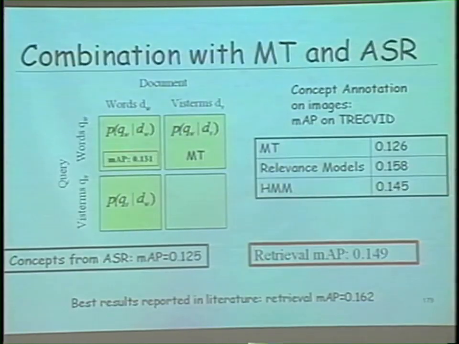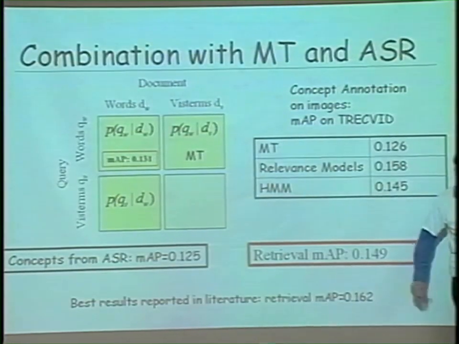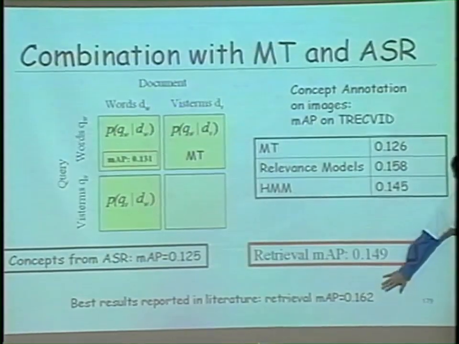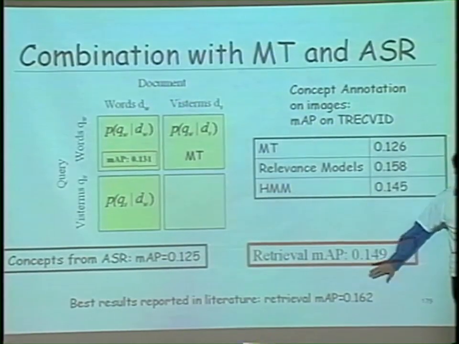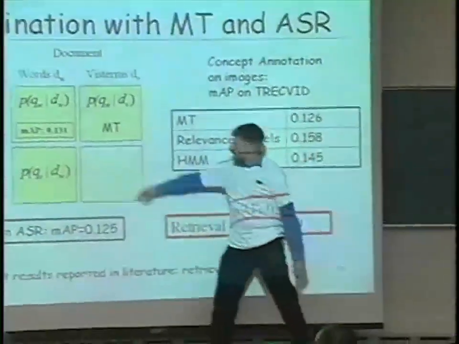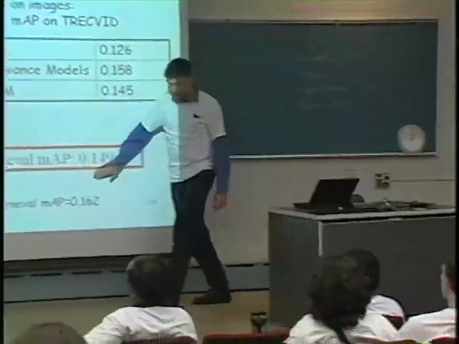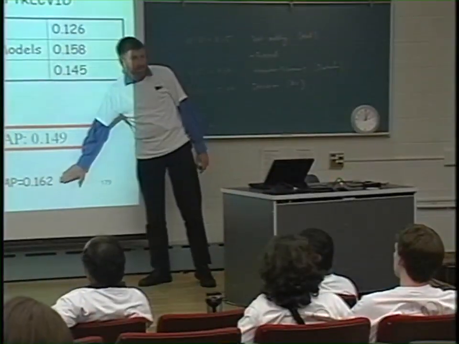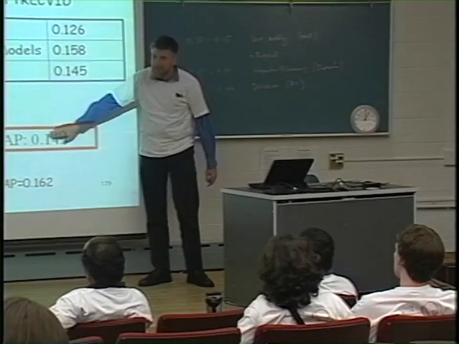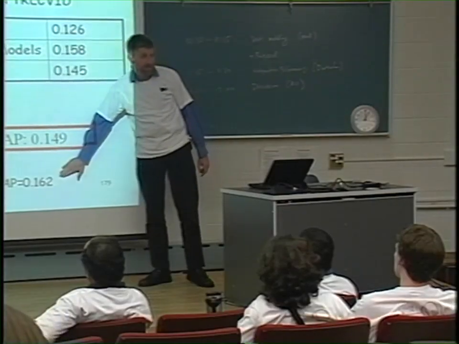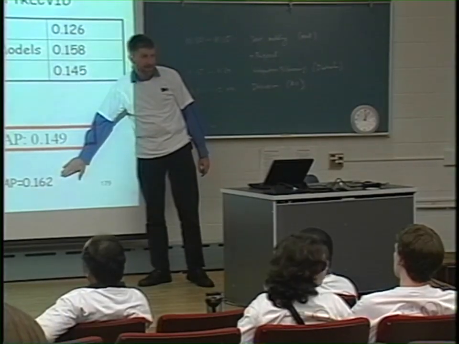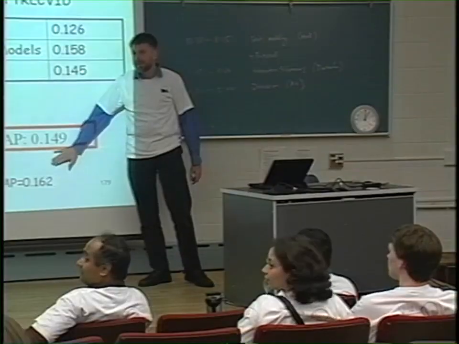Wait a minute, 0.162 is called marginally better than... 0.149 is called substantially better? No. If you look, this difference is statistically significant. We can't do a test here, but we got more than half the way to that result. And why is that good? I'm sorry, what were they doing to get that?